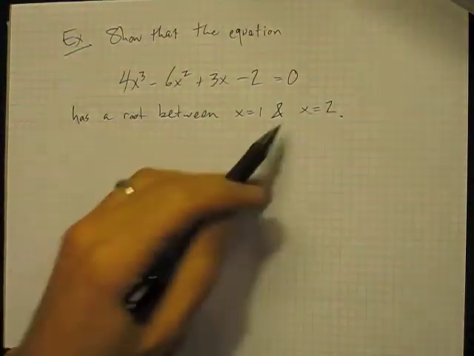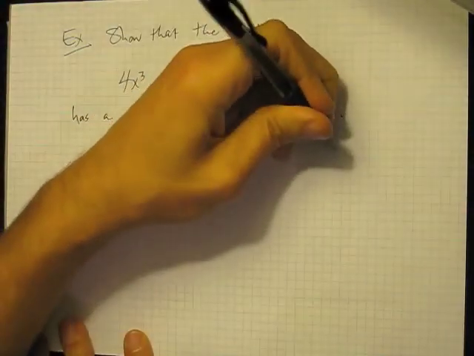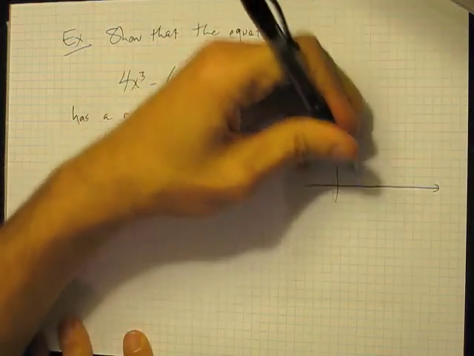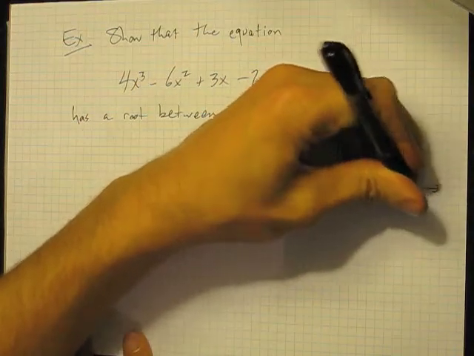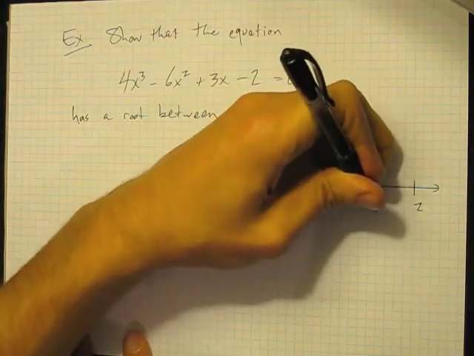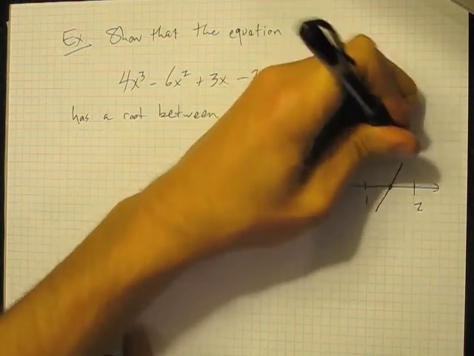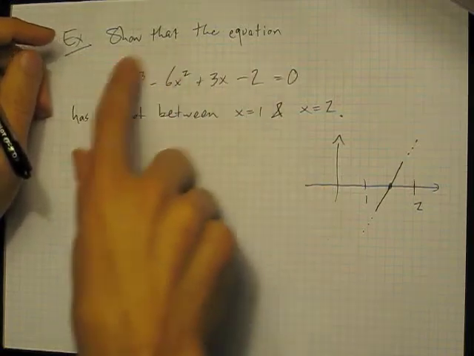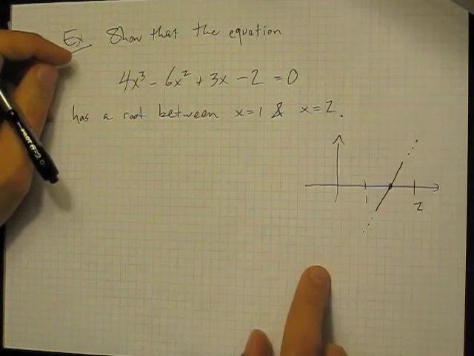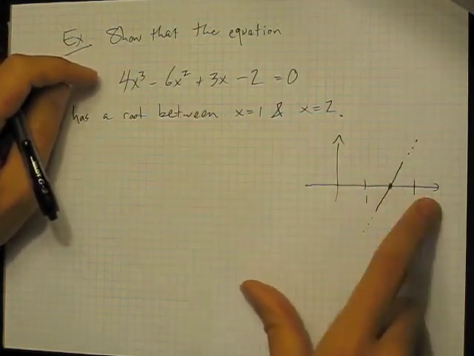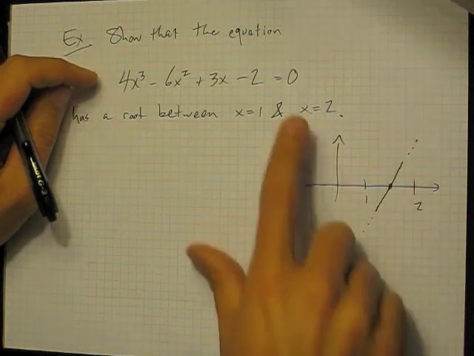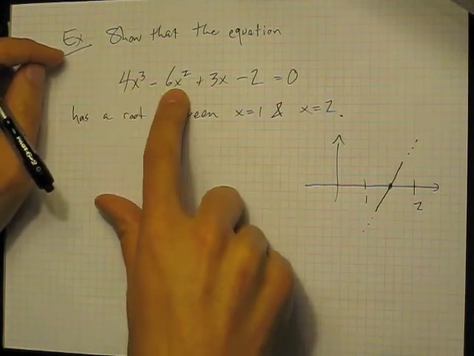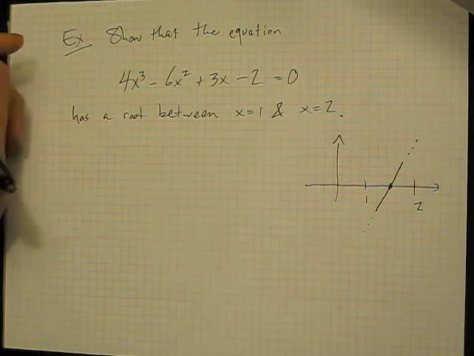Now I don't know what the graph of this function looks like, but what this is asking us is, here's x equals 1, here's x equals 2. We just want to know that somewhere the graph of this polynomial passes through the x-axis. So there's a value of x between 1 and 2 where the function 4x cubed minus 6x squared plus 3x minus 2 is equal to 0.